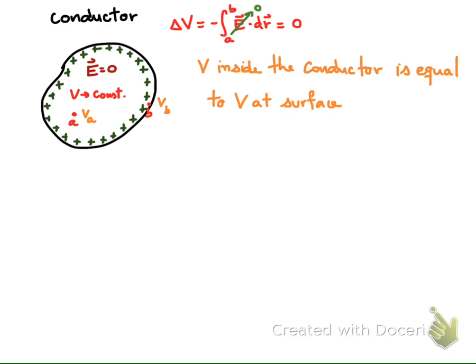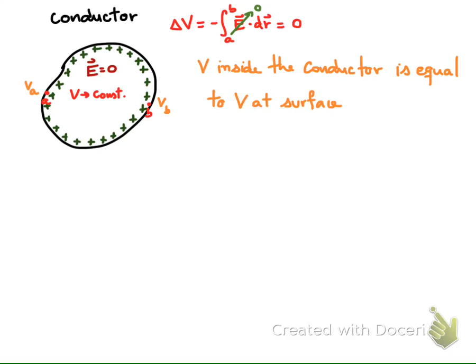Next, we also have an important result, that if I move the point A to the surface of the conductor also, we must have that VA is equal to VB, because both A and B are just at the surface of the conductor.